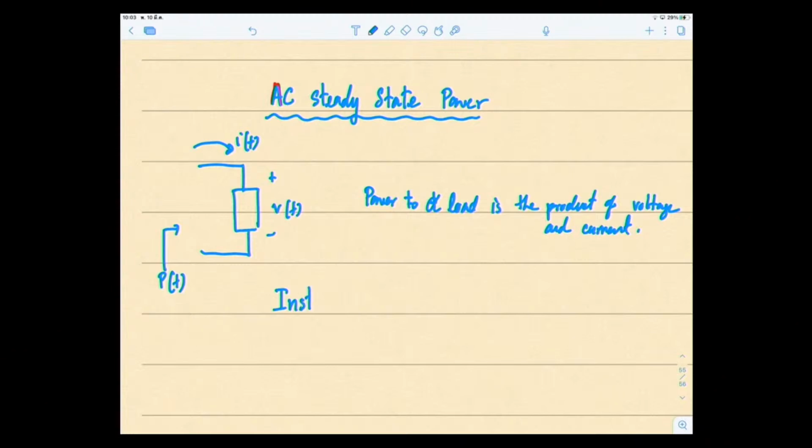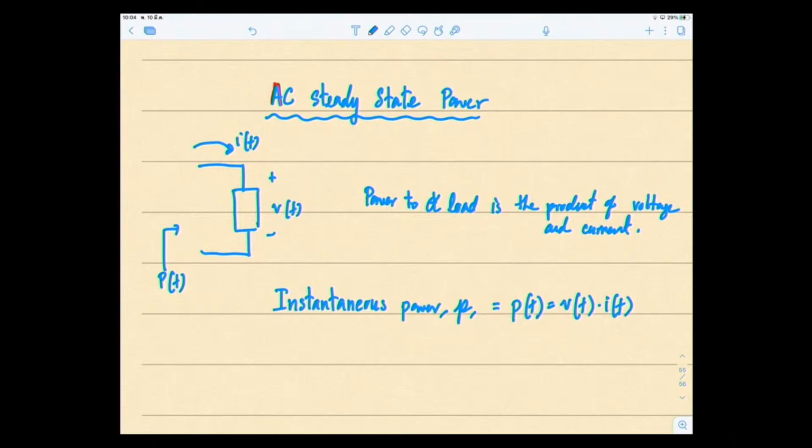So instantaneous power, with a small p, is p of t equal to v of t multiplied by i of t, the current.